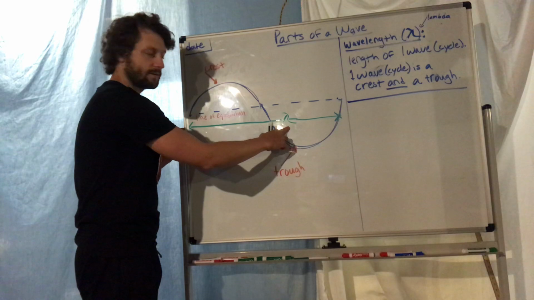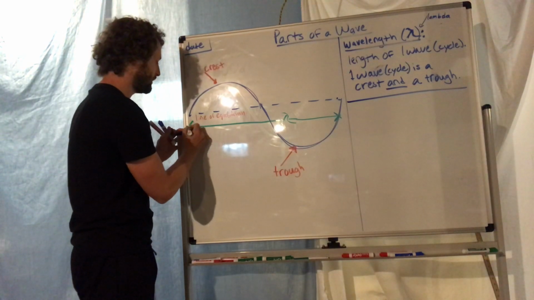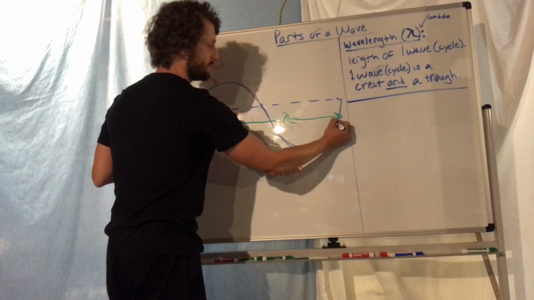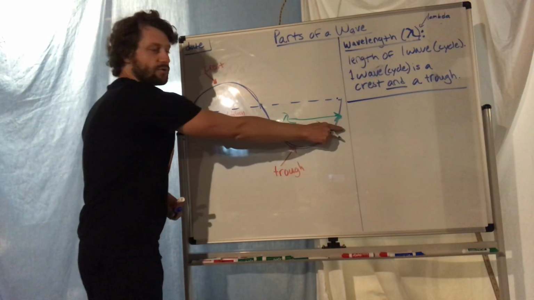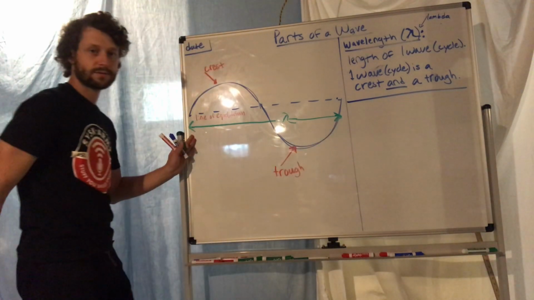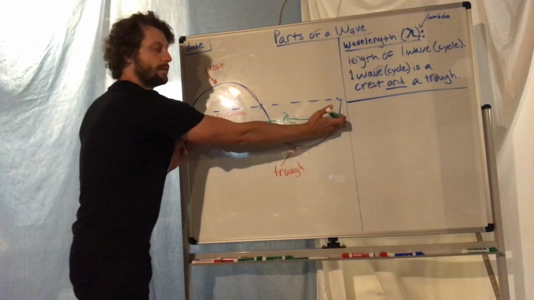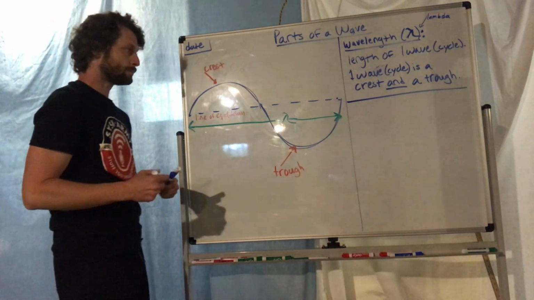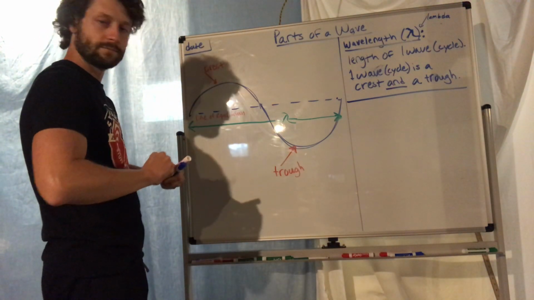That's wavelength. So the wavelength starts over here at the beginning of the crest and goes to the end of the trough. Okay? So this whole green line, starting here to here, is the wavelength. Right? The length of one wave.